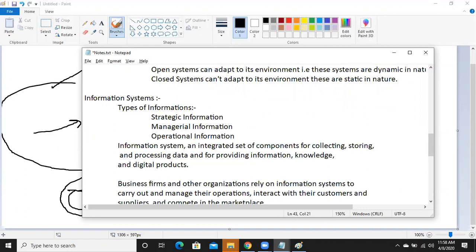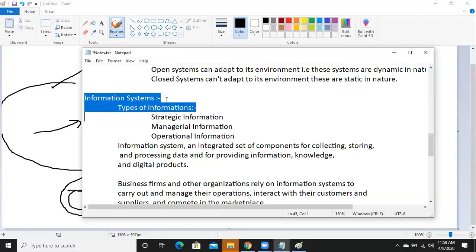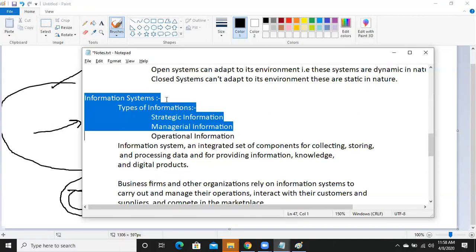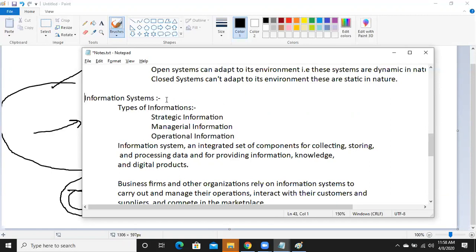A single chapter has the weightage of 20 marks, right? So if we cover this particular chapter properly, we can score 20 out of 20 in this unit, right? So let's talk about information systems.